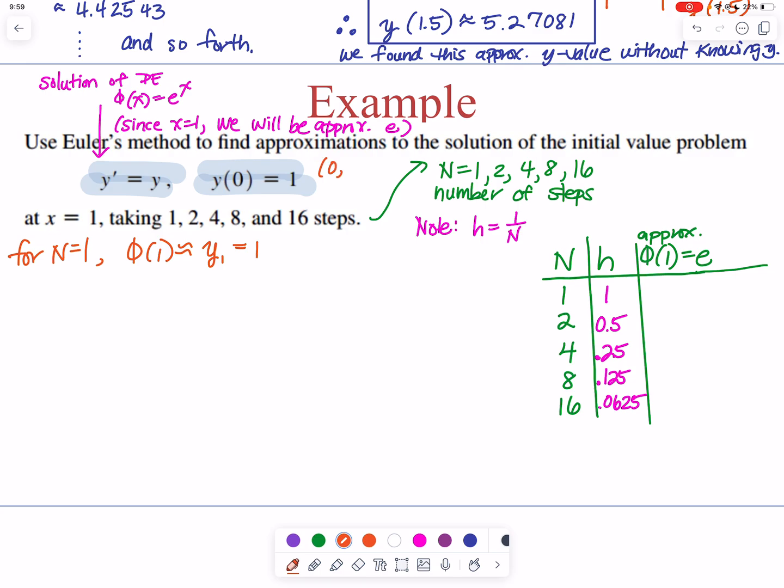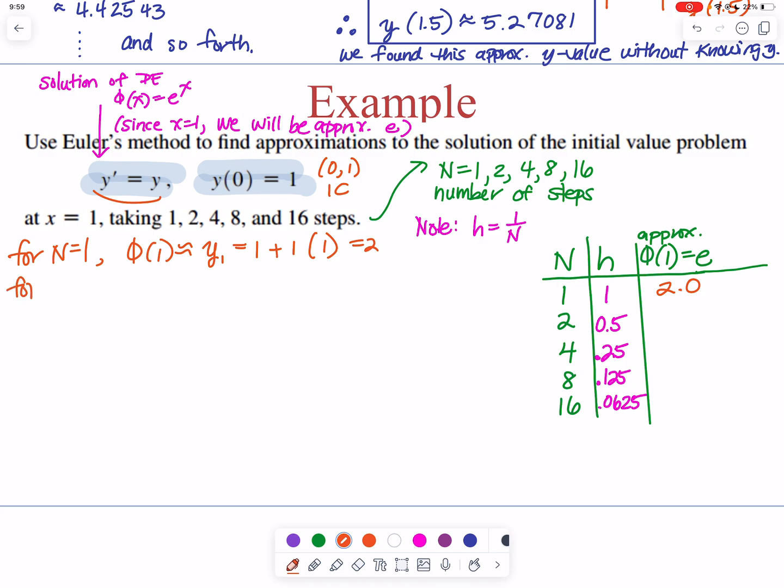This was (0, 1), that's our initial condition, plus our step size multiplied by y prime evaluated there, which would just be 1. So this is equal to 2. So we've approximated e, Euler's number, to be 2 with just 1 step.